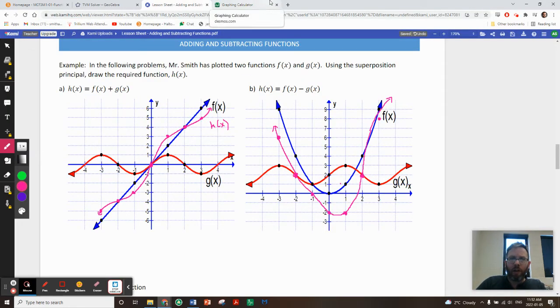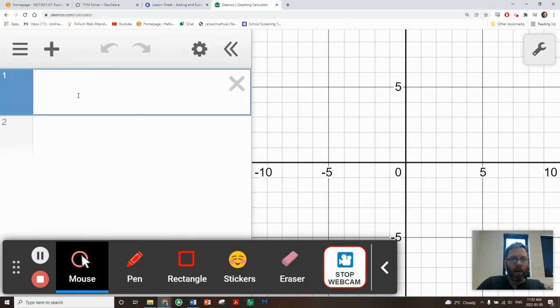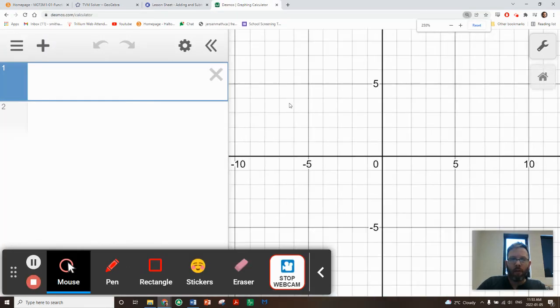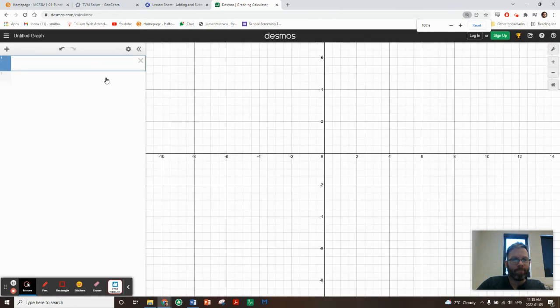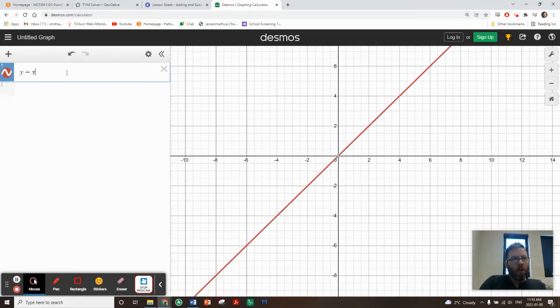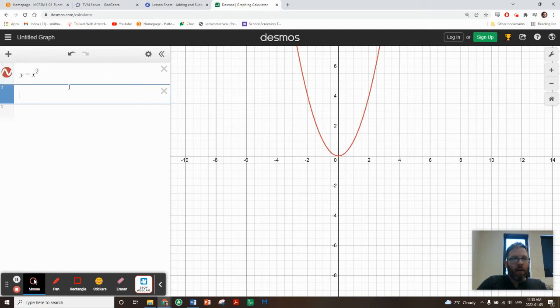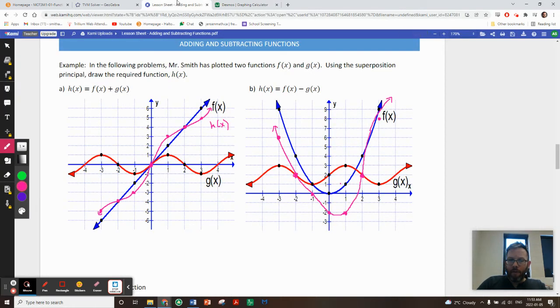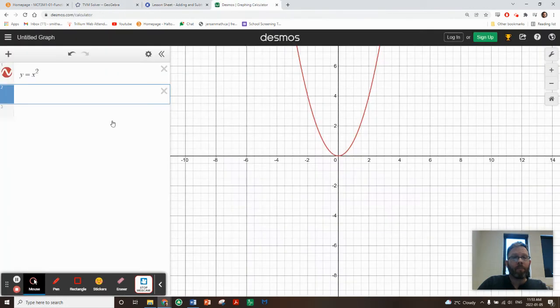So the base function I used was x squared, or one of them anyway. Well, that's a little big. And the other one was a sine function with an axis of 2, a period of, what was the period? The period is 4. And what was the amplitude? Amplitude was 1.